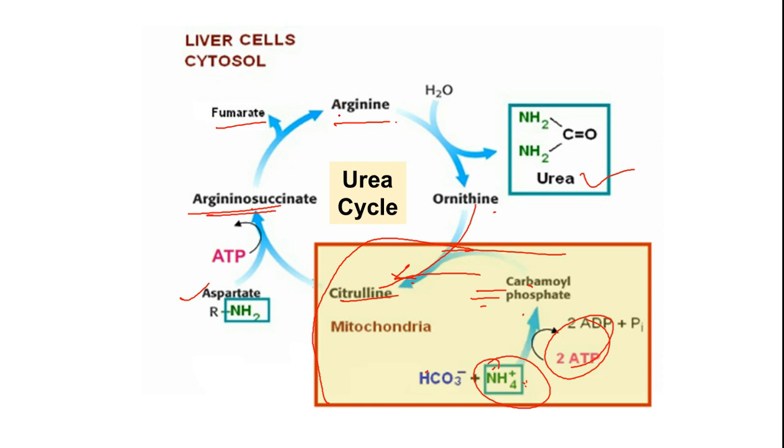It actually appears to be arginine, but arginine is getting the nitrogen from aspartate. So that's the reason why I am using the word aspartate as the source for one of the nitrogens. Okay, so the urea that is obtained is eliminated in urine. Now let's see.